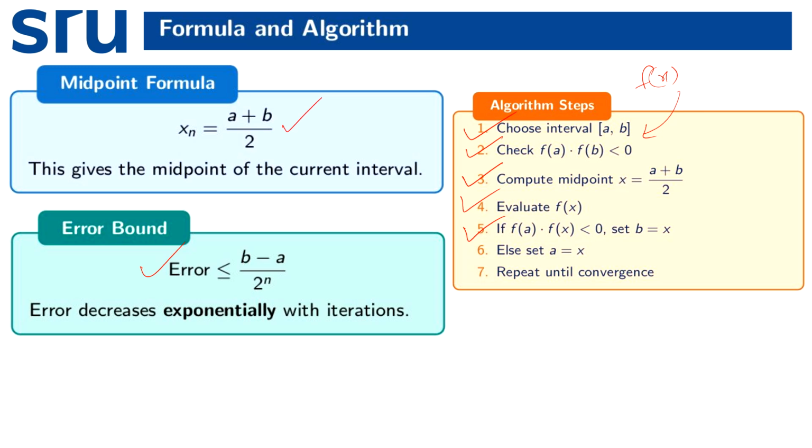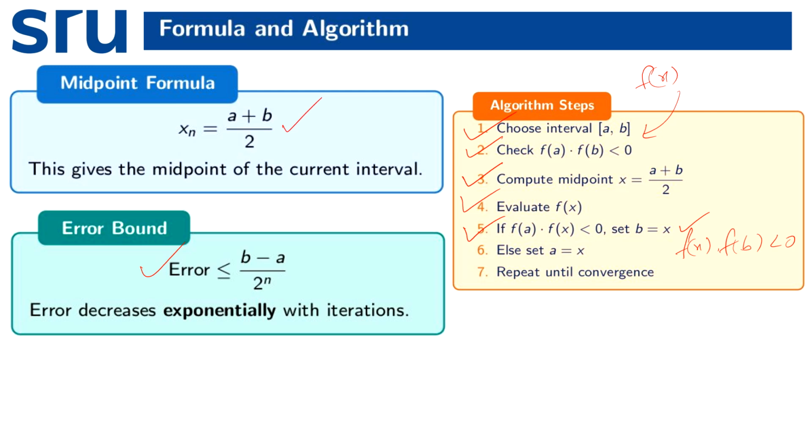If f of a times f of x is less than 0, then replace b with x. If the other condition holds, that f of x times f of b is less than 0, in that case we replace a with x, so the new a will be equal to x.